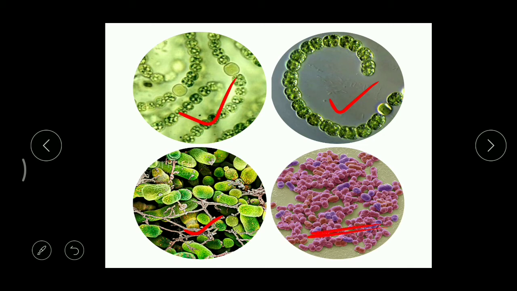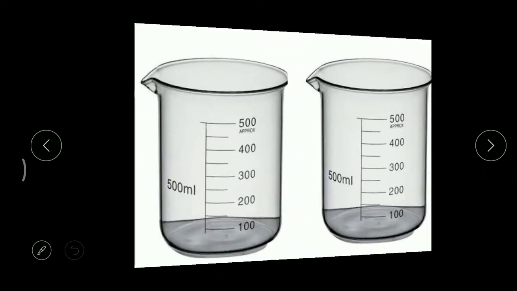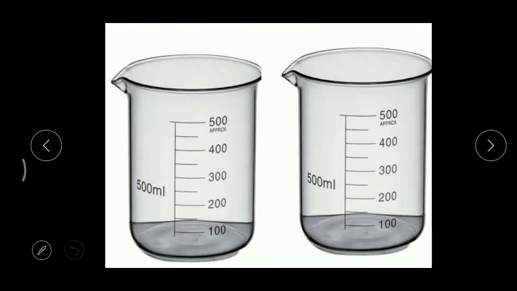So these are the four examples of bacteria which can convert free nitrogen into nitrogen compounds like nitrites and nitrates, right?